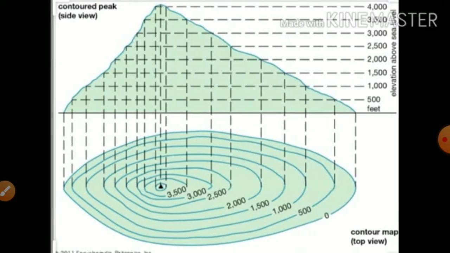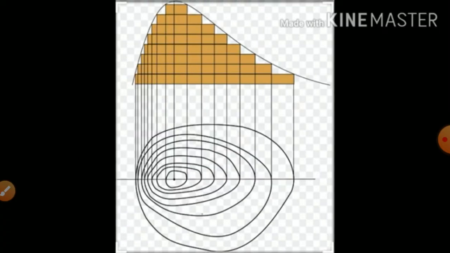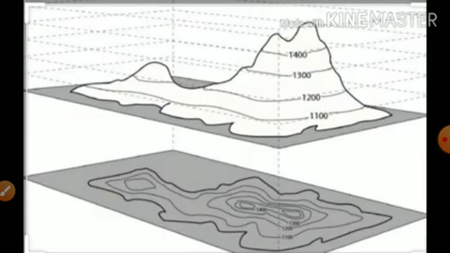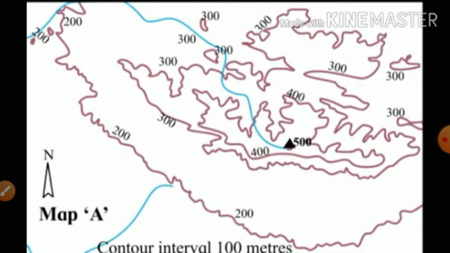The contour line method is used to show the unevenness of the landform on a map. The height of the land is measured from the sea level. Points of the same height are identified. Their positions are marked accurately on a map.